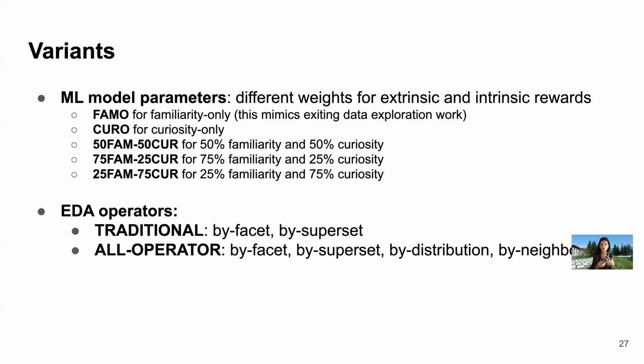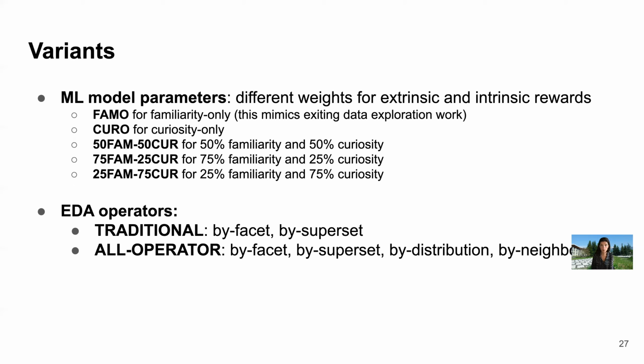training settings, to sort of argue for the fact that when you change the model parameters, you're going to be observing different behaviors. The second aspect that can bring change is EDA operators, right, that will affect the results of the exploration.